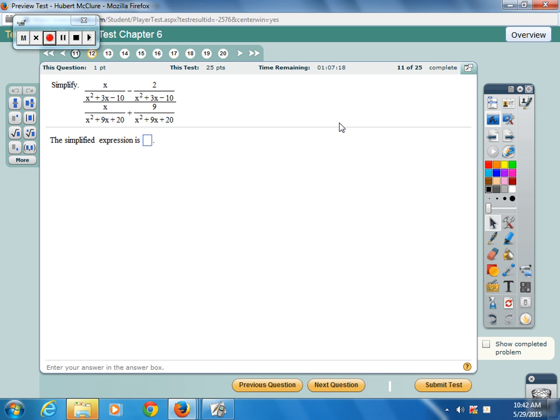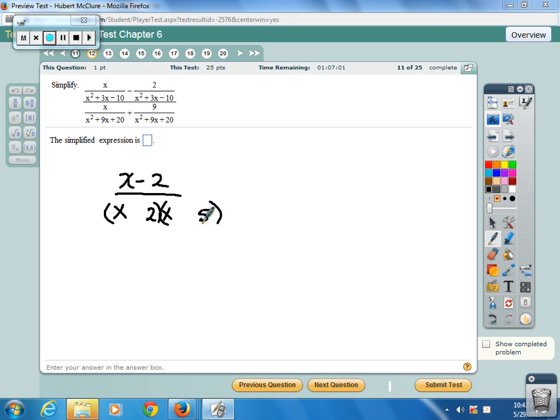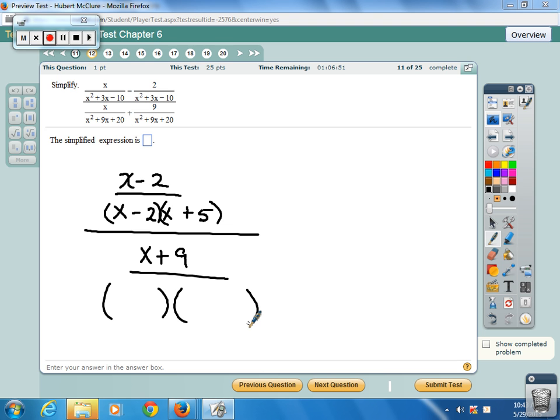Okay, so the first step is real simple. You have a work email. (x minus 2) over x, 2, 5, positive 5, negative 2, over (x plus 9) over x, 4 and 5, plus 5 and like signs.